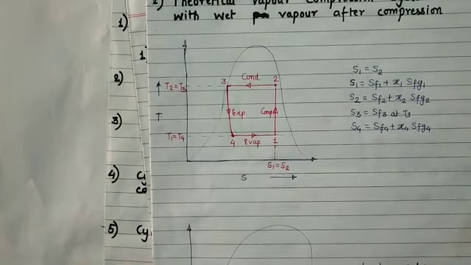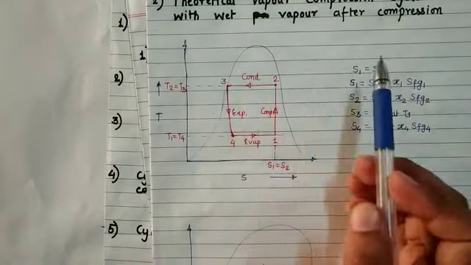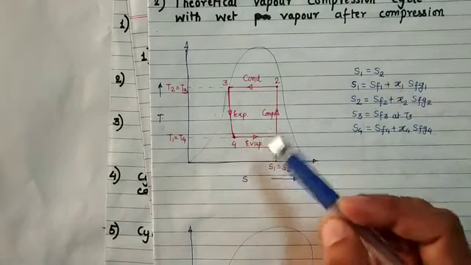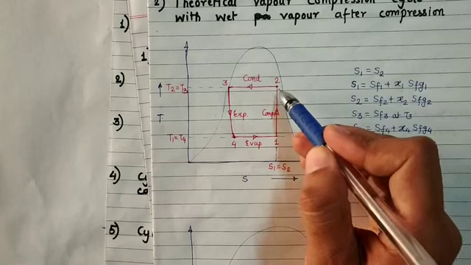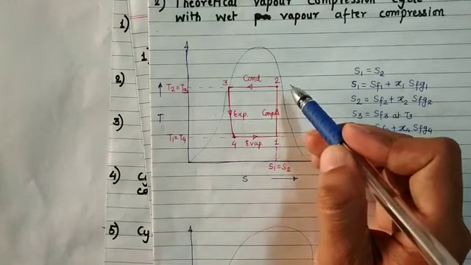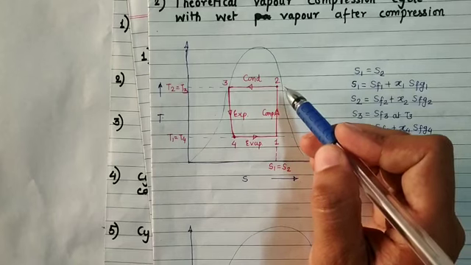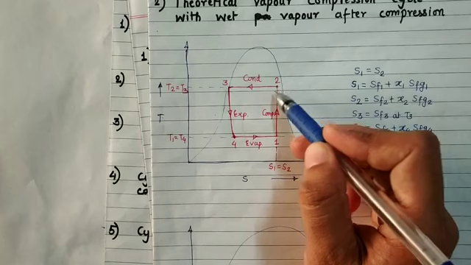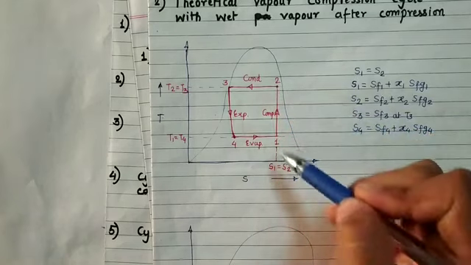Firstly, the vapor compression cycle with wet vapor after compression on TS diagram. The important thing to note here is that we need to have wet vapor after compression. That means the vapor condition of refrigerant which we are getting after compression should have a particular dryness fraction value.